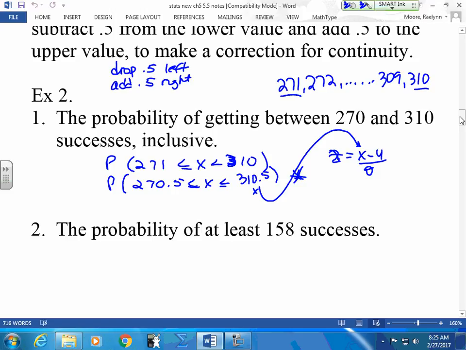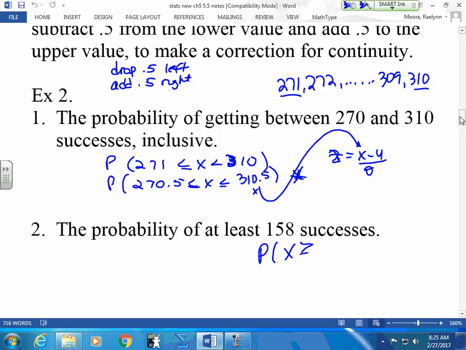So we have to determine, are we looking at a lower end? Are we looking at a higher end? This probability statement says the probability of at least 158 successes. What is at least in terms of an inequality sign? Less than or equal to, greater than or equal to, not equal to. I have at least $3 in my pocket.